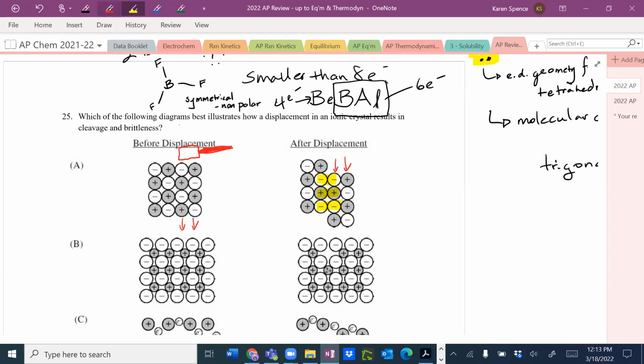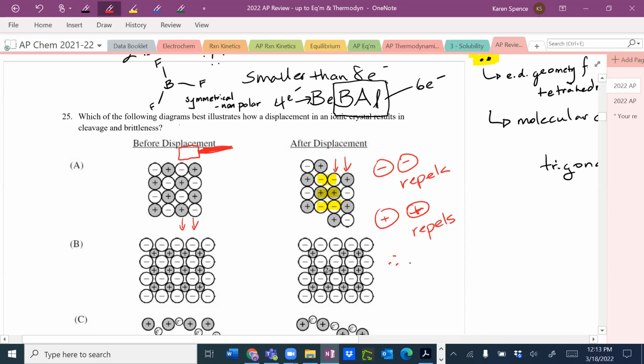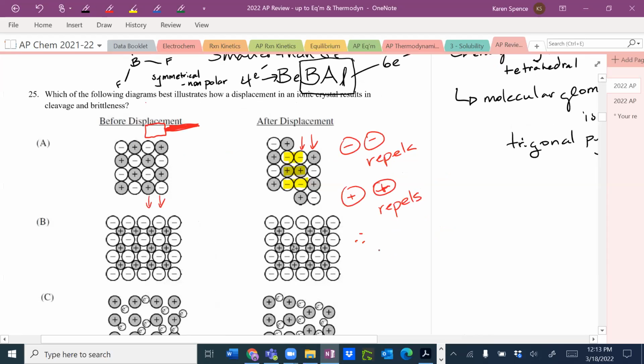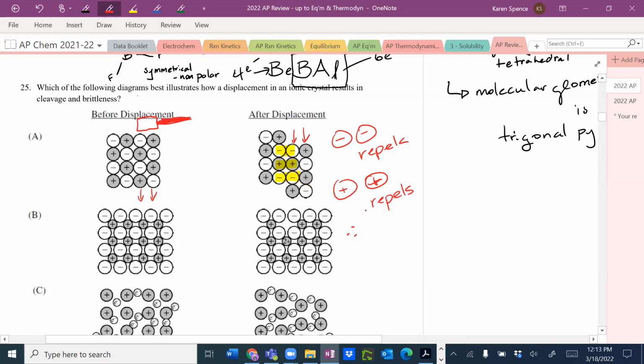They repel. And therefore we get the cleavage, breaking. Cleavage just means a split. Okay, so we get a break.